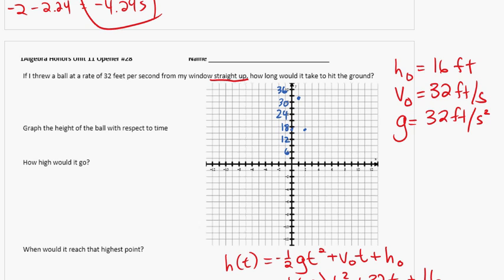So that's right where I started from, right? I started at the height of 16, I threw it upward, and then it came back down, and now the question is, well, where does it hit the ground? So right 1, down 48, because 3 times 16.